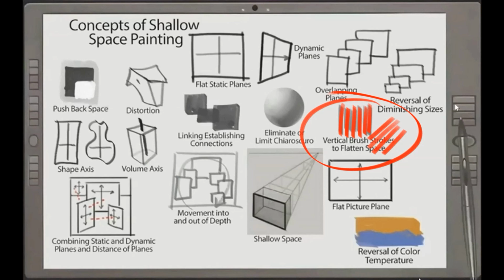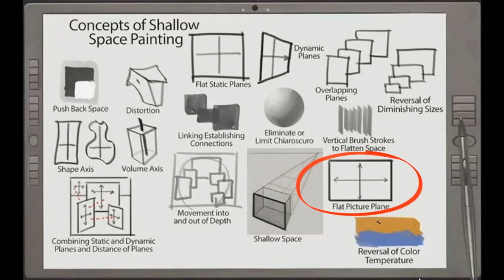But the idea is to flatten out the space more, and therefore vertical brushstrokes are used instead of diagonals. Then there is this, the picture plane, which I already talked about when I pointed out the plane over here. So the picture plane has height and width. It is a flat shape. It has no depth. The picture plane is the plane upon which you do your painting.